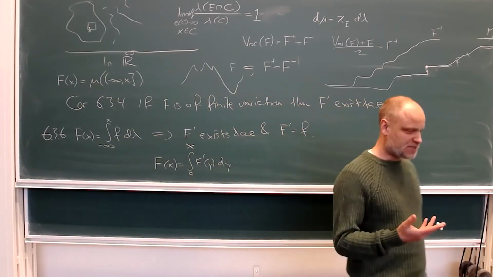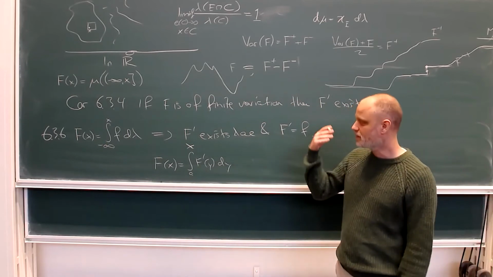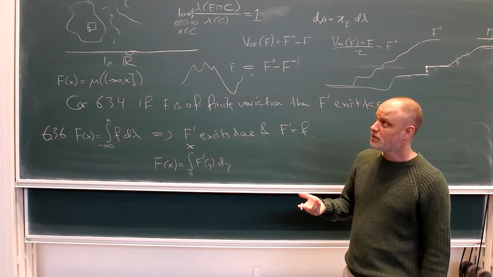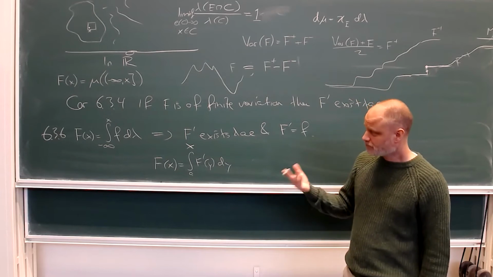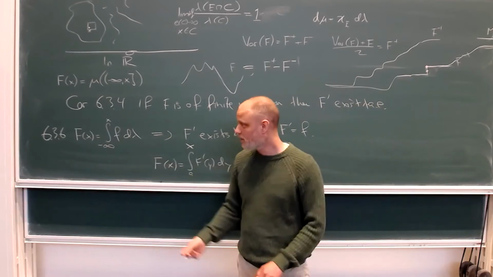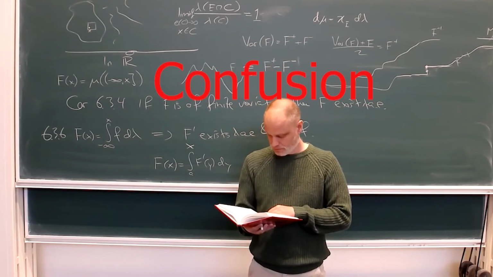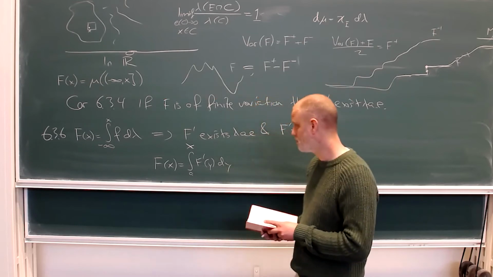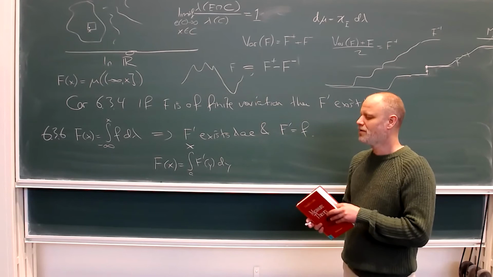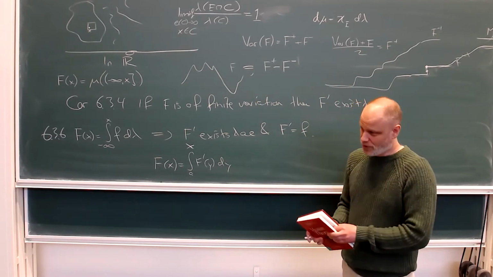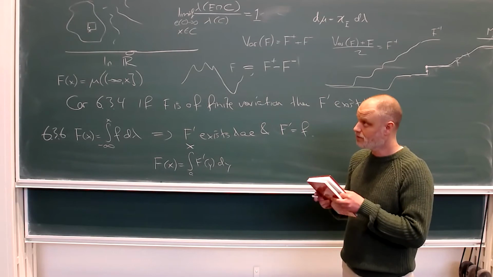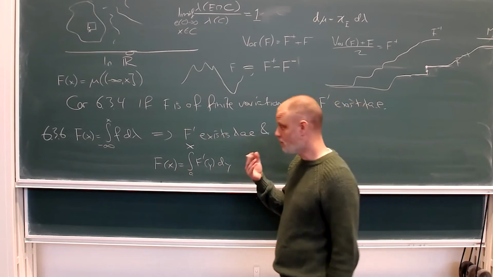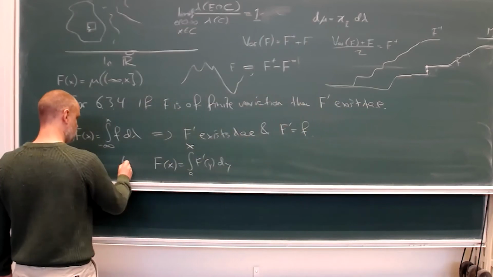All right, so if F is absolutely continuous, then the derivative exists almost everywhere, and we have this formula. We haven't said anything about finite variation, right? So the point now is why this text continues.